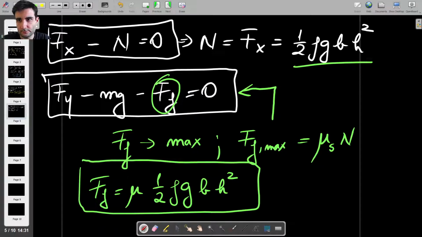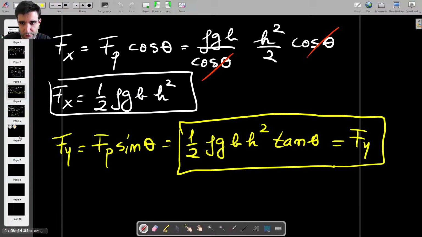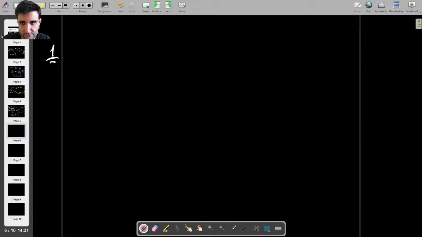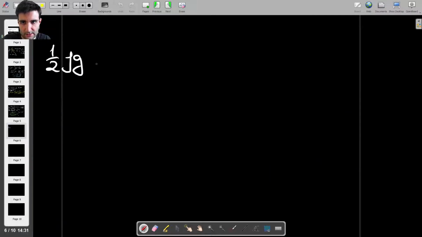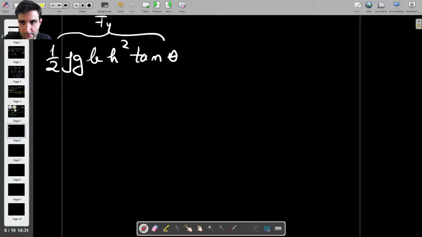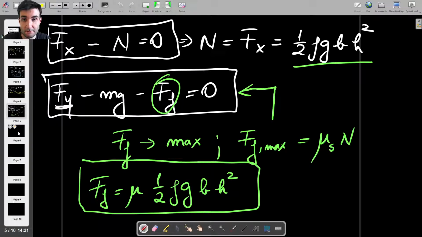So let's look at Fy, right? So Fy we calculated previously, so that is 1/2 rho g, and I think it's b h squared tan theta. So b h squared tan theta. Okay, so this, remember, is Fy, and then minus mg.